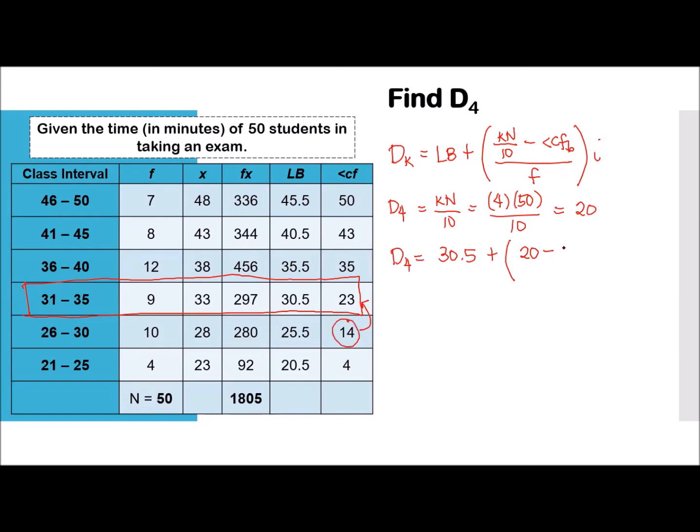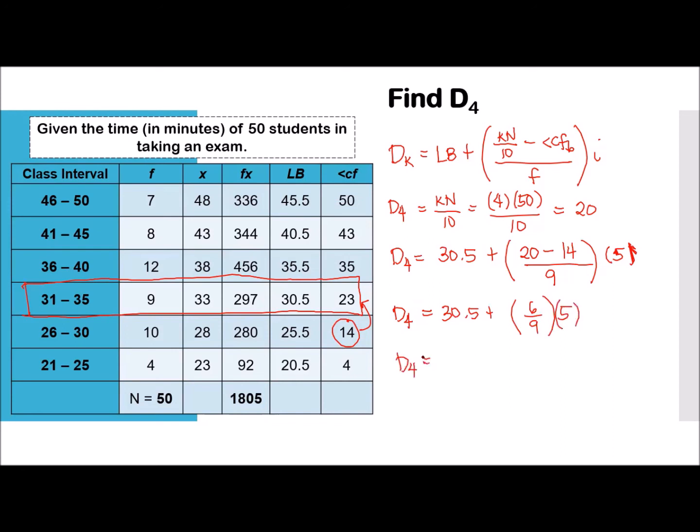Below the cumulative frequency, we will have 14. Then, ang frequency ay 9. And then, ang interval natin ay 5. Okay po. So, encode lang natin yan. We will have 30.5 plus 6 over 9 times 5.